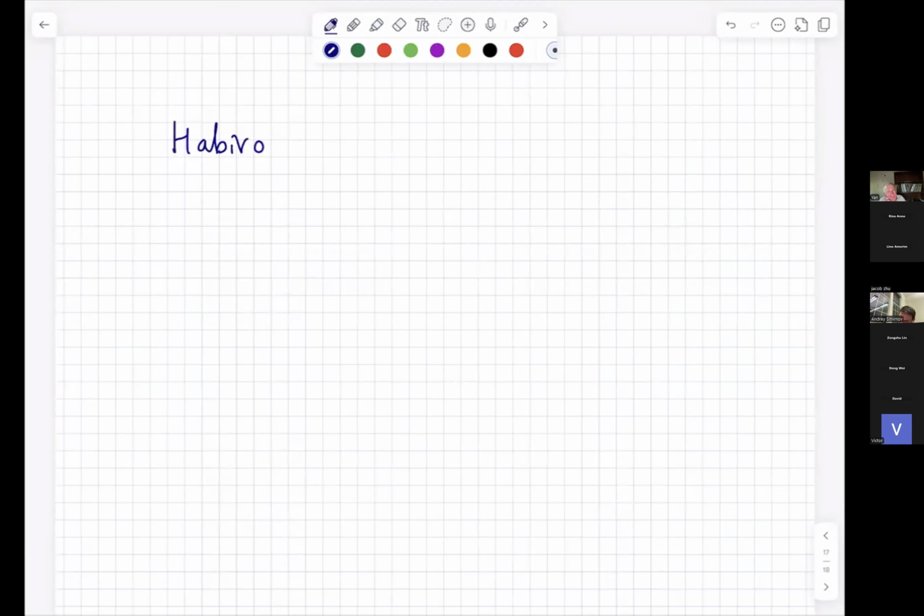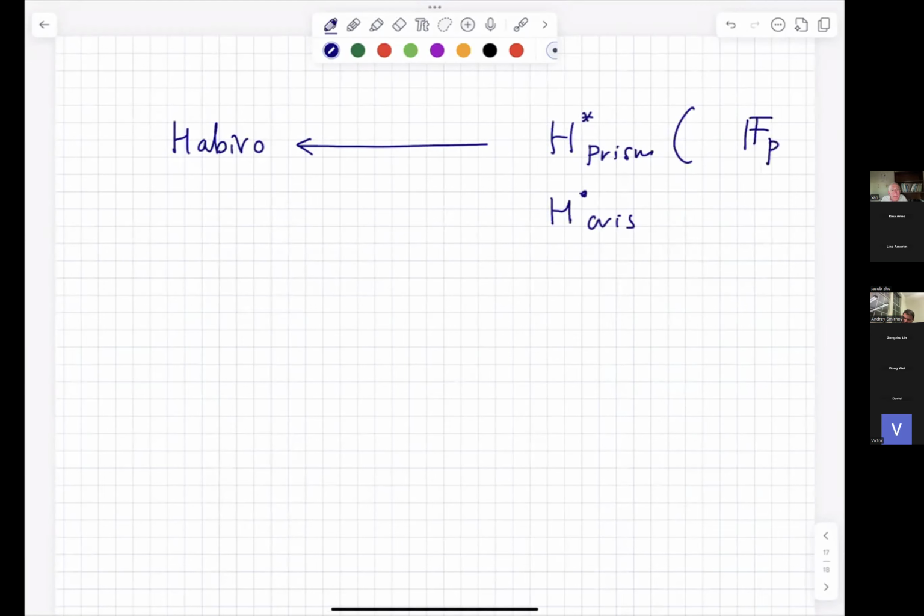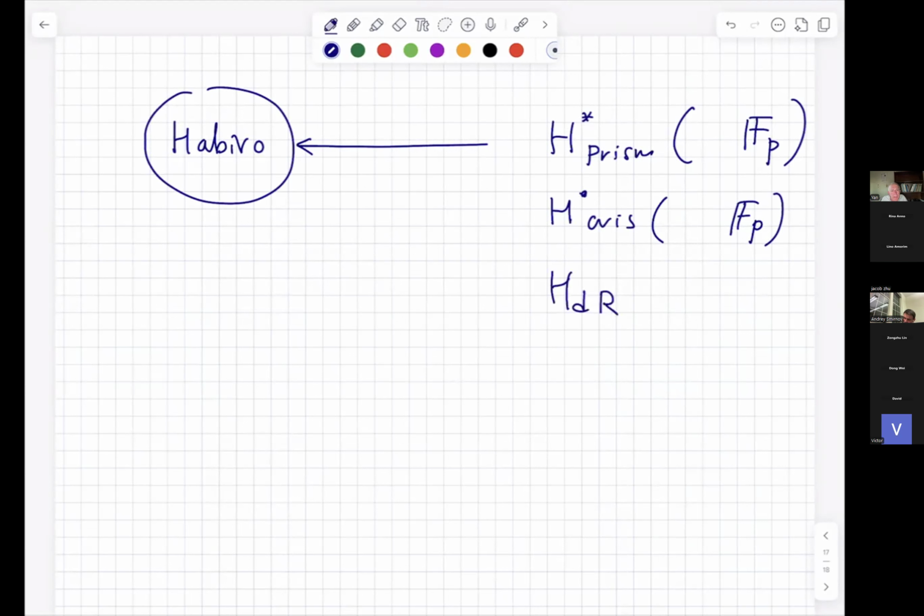What they found is that there are a lot of versions of p-adic and arithmetic cohomology. There is prismatic cohomology. There is crystalline cohomology. And those are cohomologies related to coefficients maybe in finite fields, so you can consider varieties over finite fields. And also de Rham cohomology of things over complex numbers and so on.